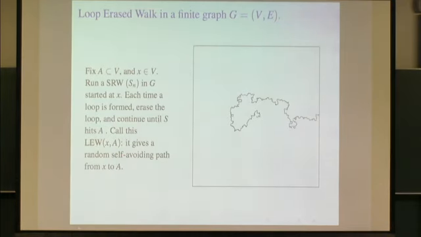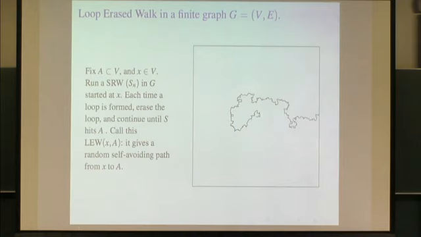Now, the third way of constructing the uniform spanning tree is from the loop-erased random walk. So here is a picture of a loop-erased random walk, rather large scale, on a subset of Z^2. You take a subset A of the vertices, and you take a vertex x. You run a simple random walk in the graph starting at x, and each time the random walk forms a loop, you erase that loop and you carry on.